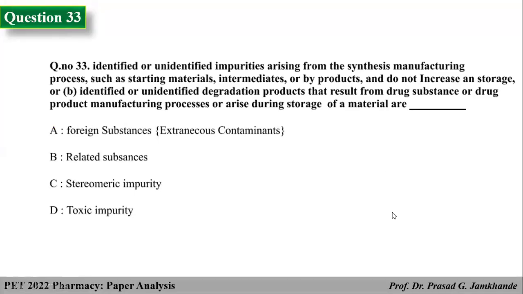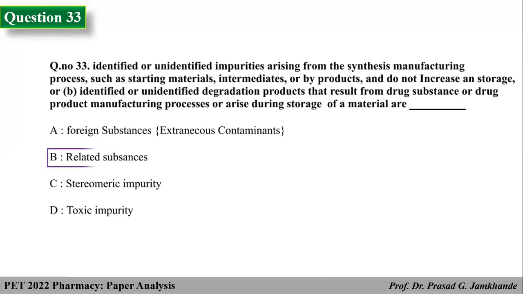Identified or unidentified impurities arising from the synthesis manufacturing process, such as starting material, intermediates, or by-products, and those that increase on storage, or identified or unidentified degradation products that result from drug substance or drug product manufacturing process or arising during the storage of a material. They have mentioned condition A and condition B, and we have to identify the type of material.